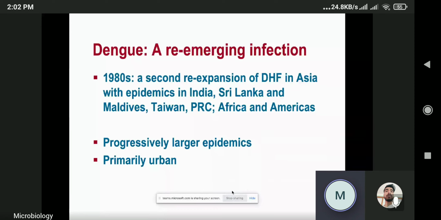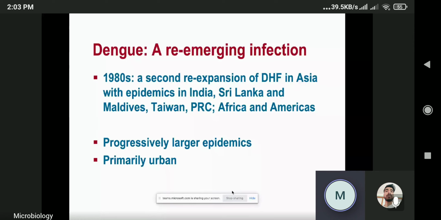Dengue is basically a disease of urbanized areas. Why urbanized areas? Because the vector, the Aedes mosquito, likes to be in clear, fresh, stagnant water. In urbanized areas there is the maximum chance of storing water, for example in reservoir tanks, in tires, and in pits in the pitched roads.